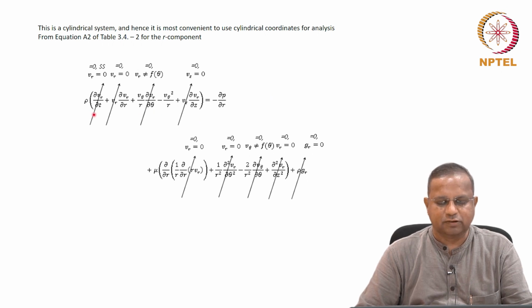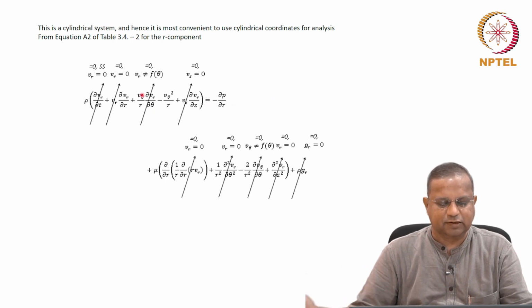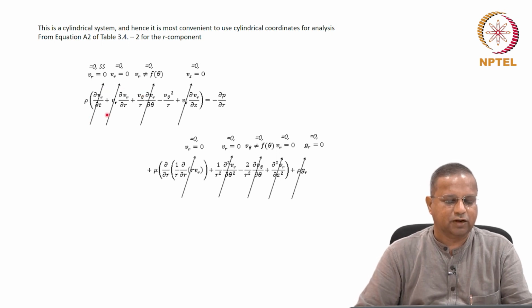This is the R component. Just check the equation, go back and see, write it down. Rho times dou Vr dou t plus Vr dou Vr dou r plus V theta by r dou Vr dou theta minus V theta squared by r plus Vz dou Vr dou z equals minus dou p dou r plus mu of dou dou r of 1 by r dou dou r of r Vr plus 1 by r squared dou squared Vr dou theta squared minus 2 by r squared dou V theta dou theta plus dou squared Vr dou z squared plus rho g r.